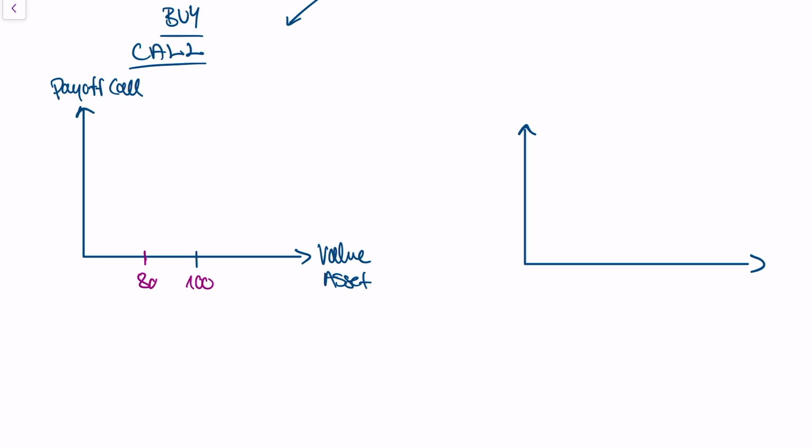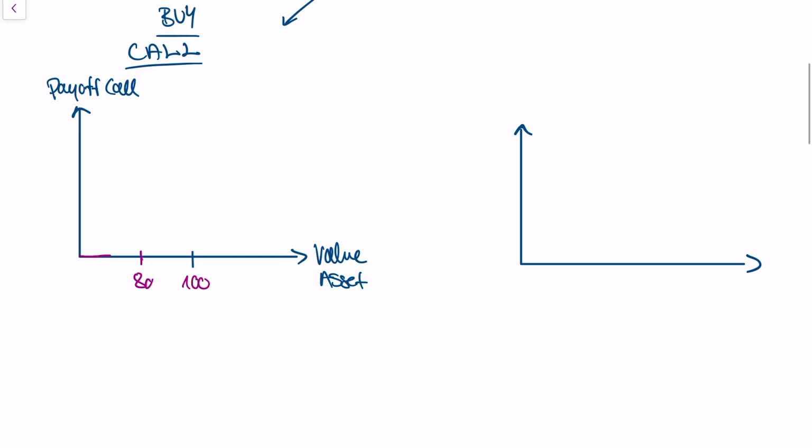So what will I do? Well, I will buy the Apple share on the market, because I would be stupid to use my option and to pay 100 euros for an asset which I can buy for 80 euros. In other words, for all values of the asset that are smaller than the strike price K, I get nothing.